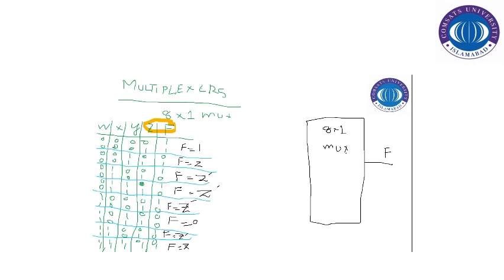You can also use the standard symbolic representation for the multiplexer, which we have discussed in the course. So we've got 8 input lines, 1 2 3 4 5 and the 8th one, and we've got 3 select lines, 1 2 3. These are our select lines basically.